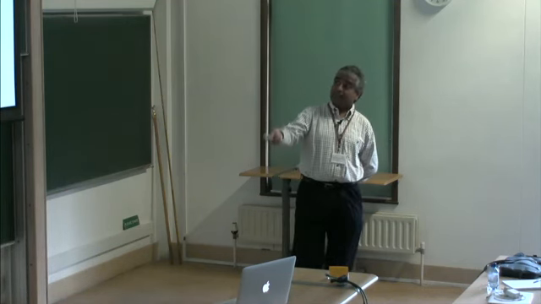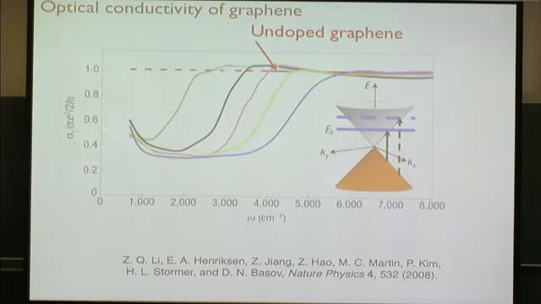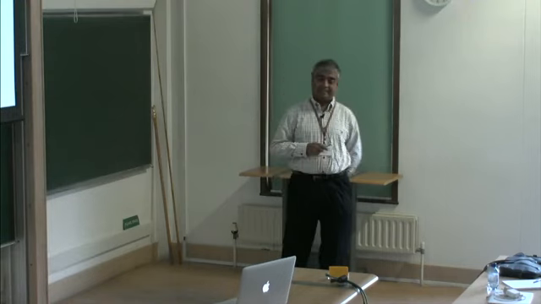That's why you get a delta function peak at zero frequency. And you can see that this very simple free electron model does a pretty reasonable job. This is actual experimental data, and this is 1 in physical units, as measured in this experiment. It's very accurately close to that.